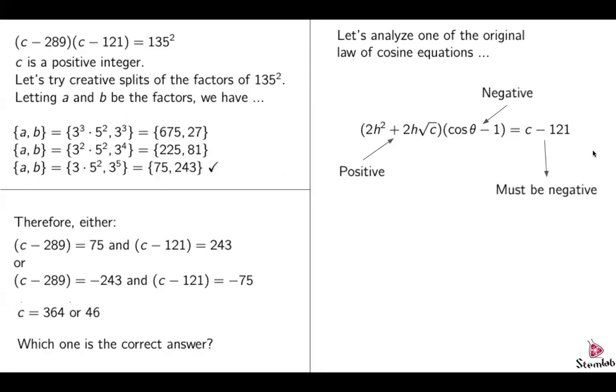That leads us to the statement that the right-hand side here must be negative. And of the two values, 364 and 46, the only one that satisfies the right-hand side being negative is c equals 46. Hence, c equals 46 is the only solution.